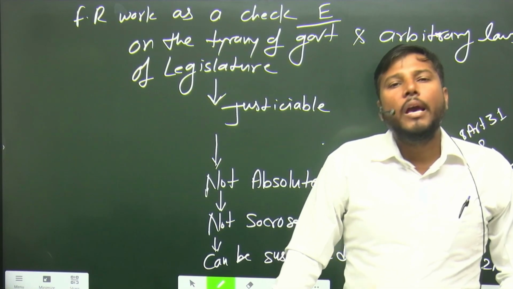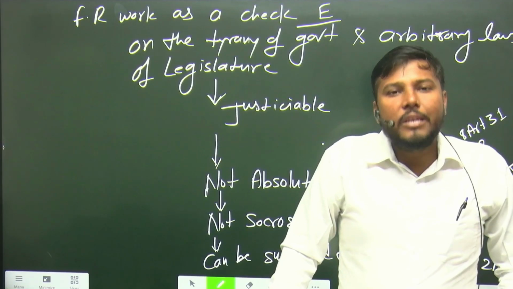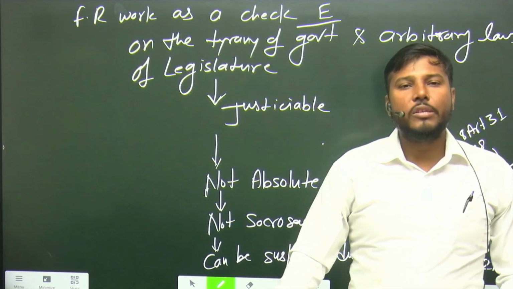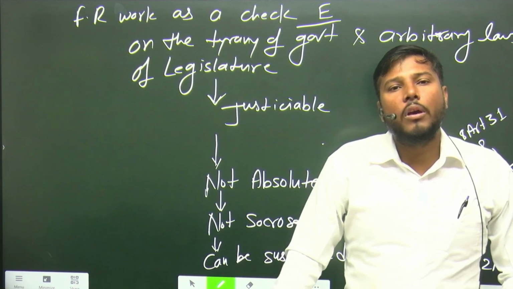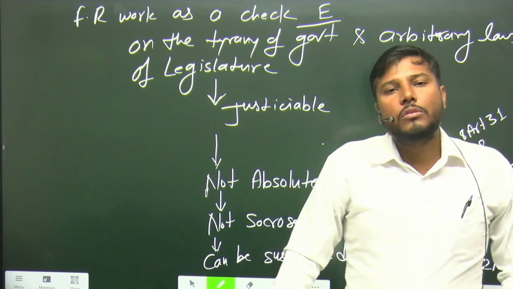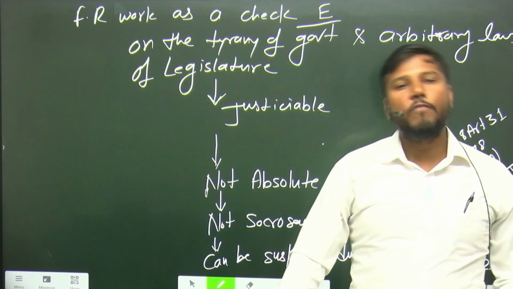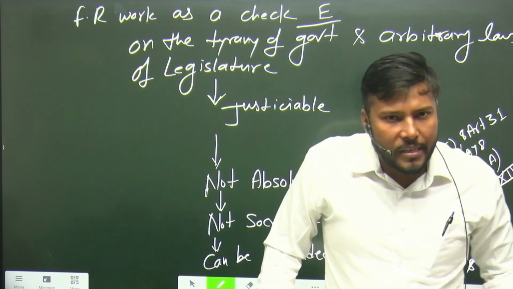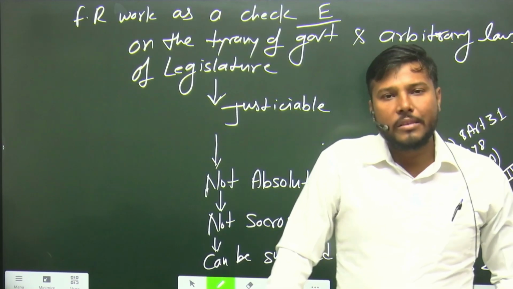Supreme Court and high courts accordingly are vested with the writ jurisdiction. There are 5 types of writs which Supreme Court and high courts enjoy. They issue the writs on a need basis, right, wherever the aggrieved party moves the Supreme Court by virtue of Article 32 and high court by virtue of Article 226.